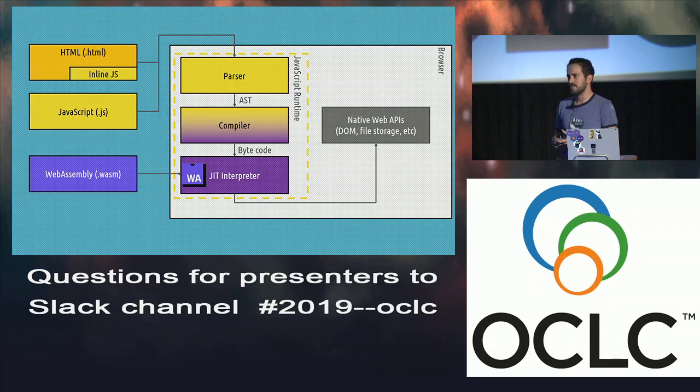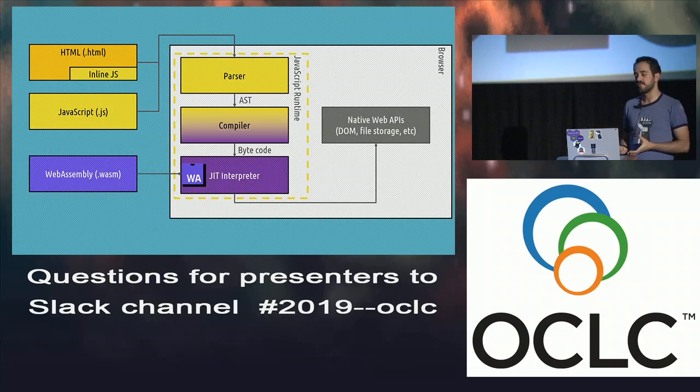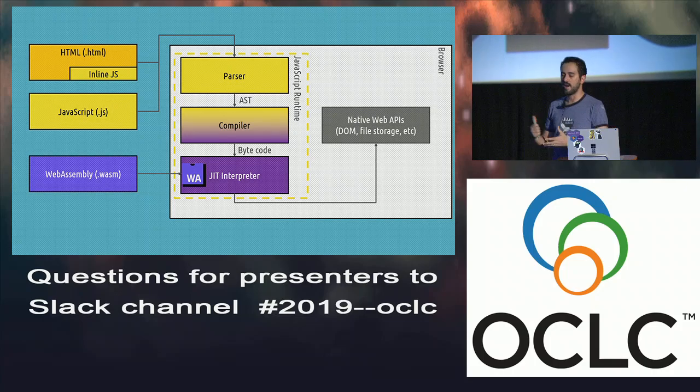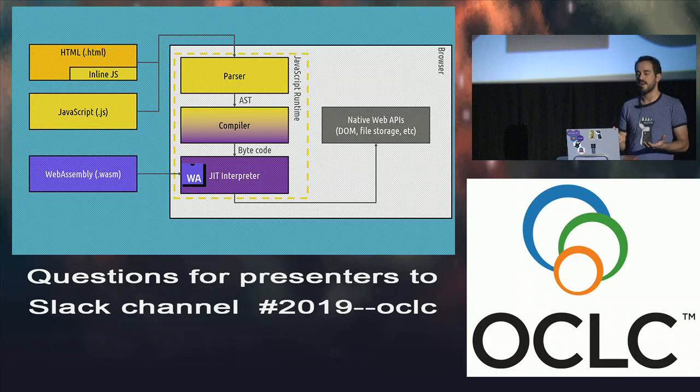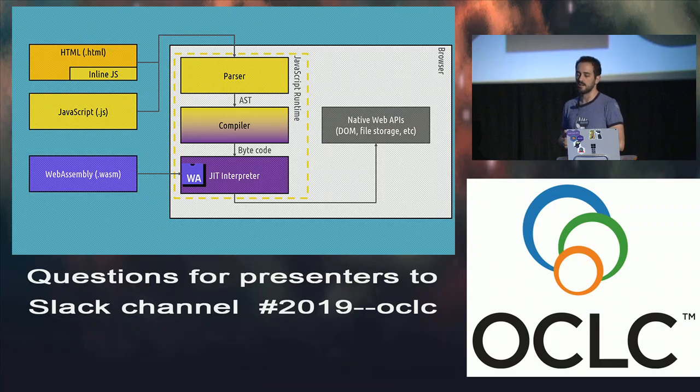So WebAssembly, you could consider that kind of like an interface that we've opened up. And we no longer have to go through those steps of compiling and creating that abstract syntax tree within the browser. We can compile ahead of time and provide that bytecode directly to the browser.